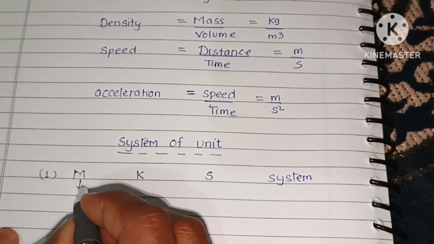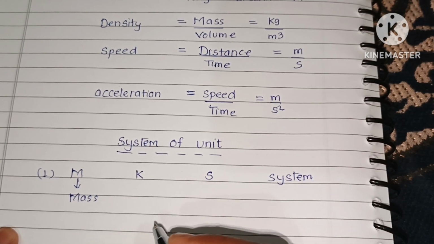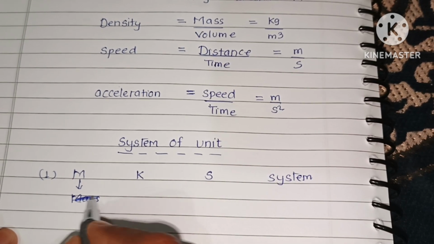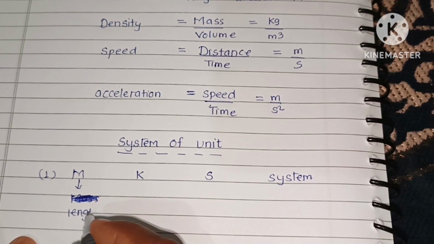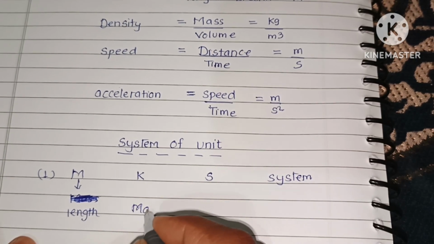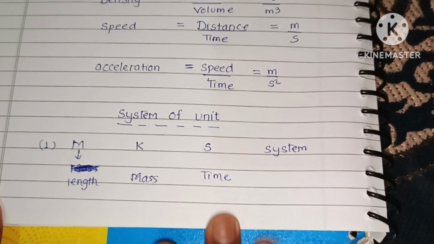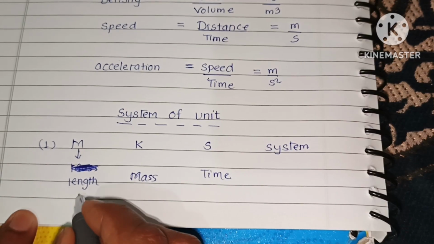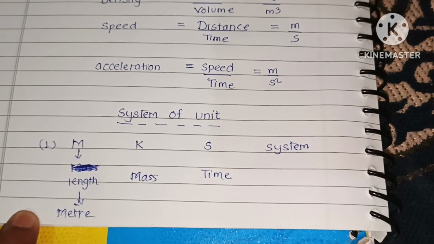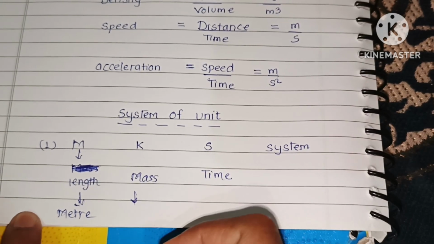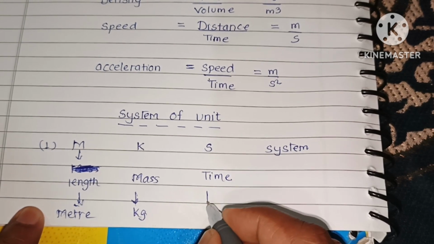It is length, mass, and time. In this system the unit of length is meter, the unit of mass is kg, and the unit of time is second.